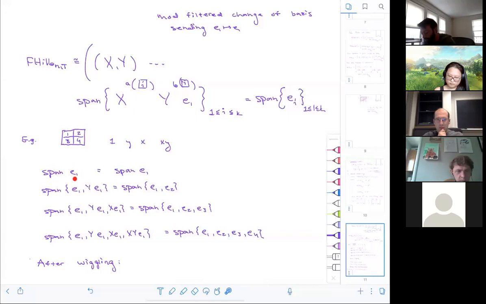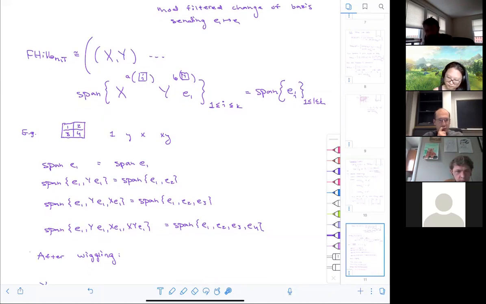So the span of E1 is the span of E1. This first condition is always vacuous. The span of E1 and yE1 is the same as the coordinate subspace C2, and so on.